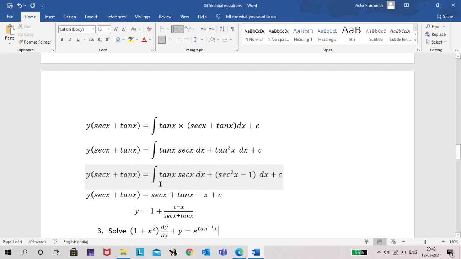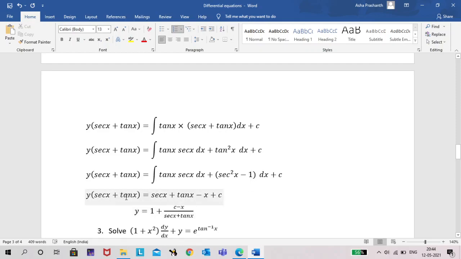Okay, then after that I'm going to integrate this, the left hand side as it is. The integration of tan x secant x is secant x. The integration of secant square x is tan x. And the minus 1 means 1 integration with respect to x is x plus some integral constant. I am taking this y coefficient, means the secant x plus tan x, to the right hand side.